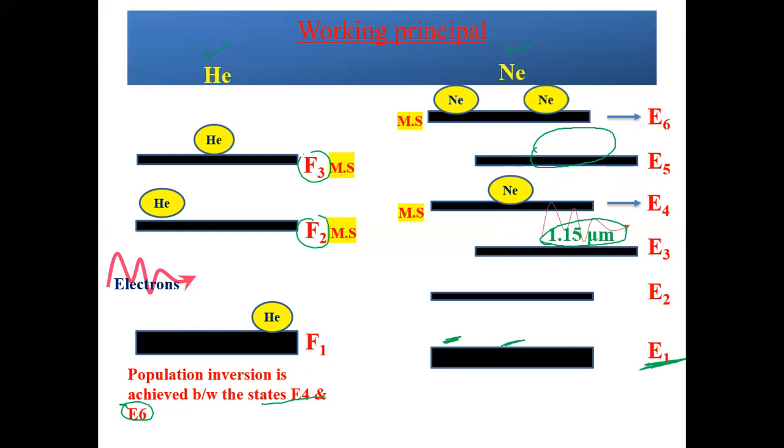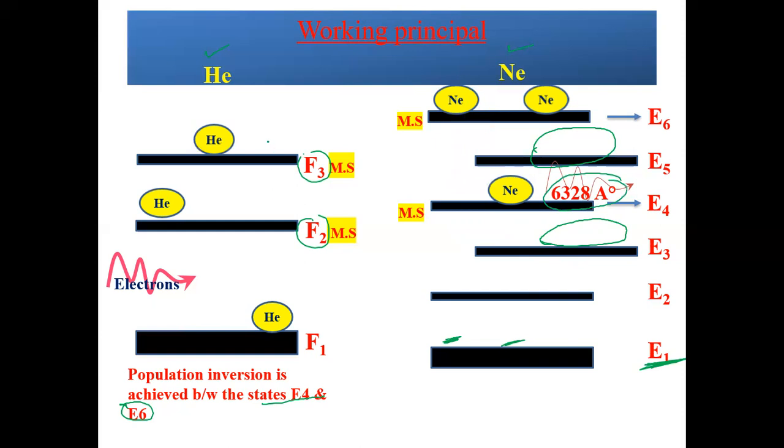And we considered another transition. A neon atom present in the E6 energy level decays to the E3 energy level by emitting a photon of wavelength 6328 angstroms.